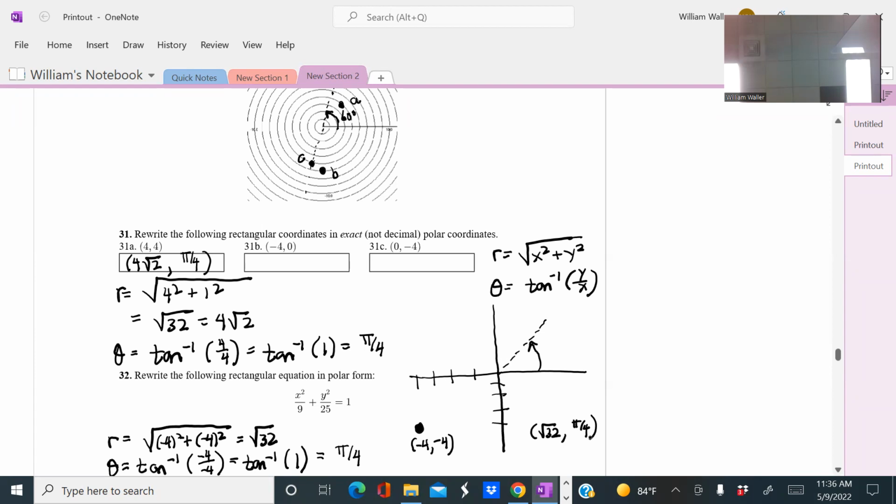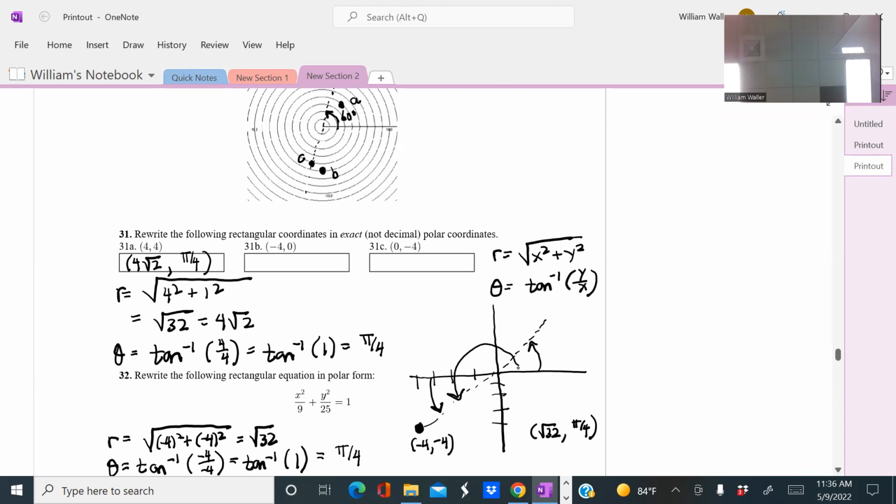But that point is in the first quadrant, not in the third quadrant. So you're in the wrong place. What is really the correct angle? It's not pi over 4. It's the angle in the third quadrant whose reference angle is pi over 4. So this is really the angle we want. What angle in the third quadrant has reference angle pi over 4?